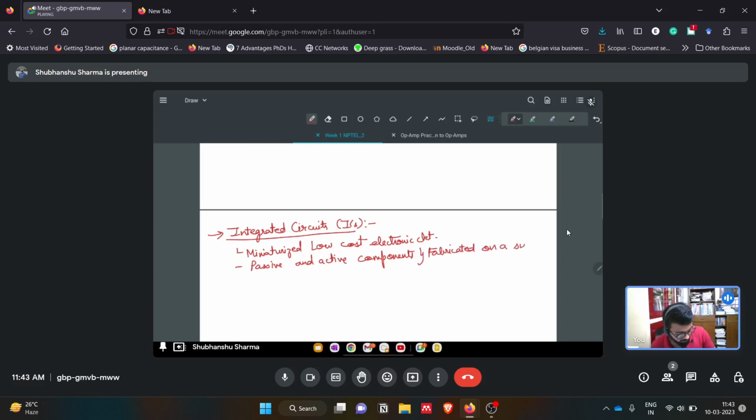Mostly we use silicon. These active components can be diodes, or we have seen transistors. And if you talk about passive components, then these are resistors and capacitors.